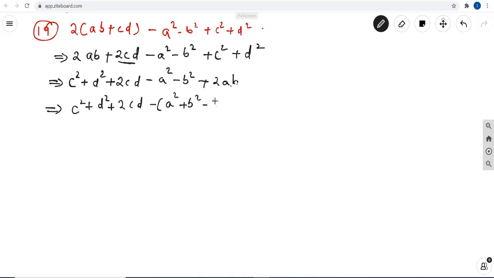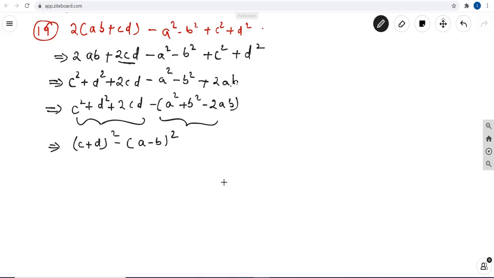This becomes minus 2AB. Now if you see this, this is in the form of (A plus B) whole square. What is A here? A is nothing but C, and B is nothing but D. So this becomes (C plus D) whole square, minus, as it is, and this, if you see, is in the form of (A minus B) whole square. So this one I'm going to write as (A minus B) whole square.